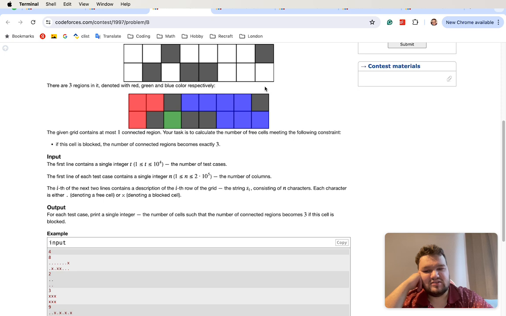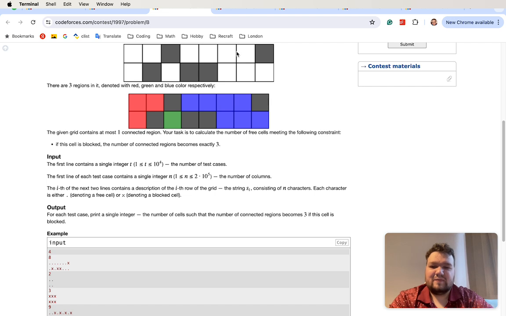Otherwise, everything is one connected component, but if we block a cell like this, it must have 3 neighbors, obviously, and then those neighbors must not be connected in any other way.